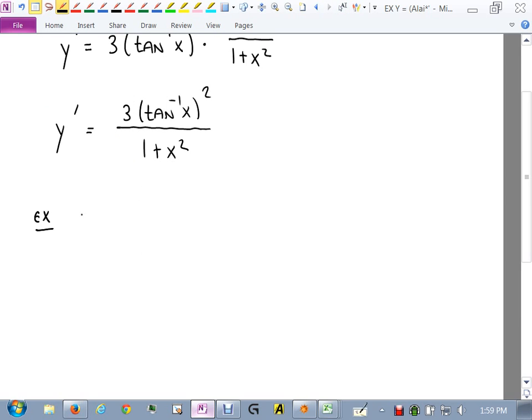How about y equals 5 to the cotangent inverse of 1 over x? Do you see product rule? No?